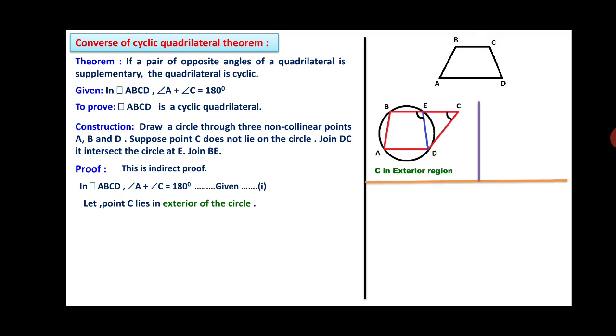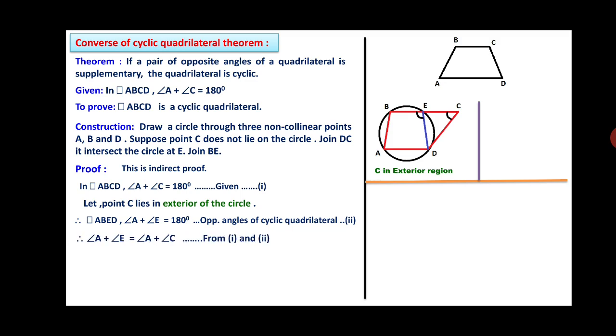Therefore, you can see in quadrilateral ABED, angle A plus angle E, which are opposite angles, is 180. Opposite angles of a cyclic quadrilateral, statement number 2. But angle A plus angle E is equal to angle A plus angle C from 1 and 2. Therefore, angle E is equal to angle C. But friends, that is angle DEB is equal to angle BCD, statement number 3.